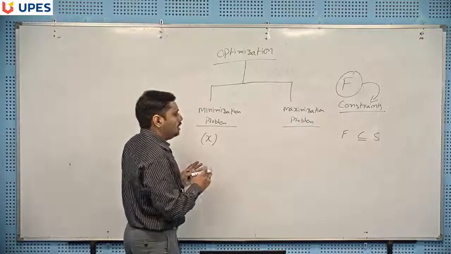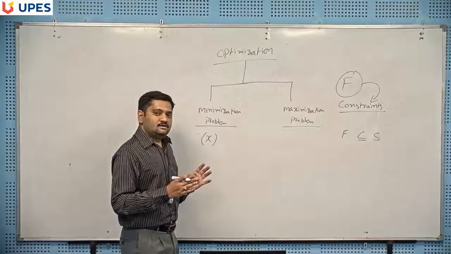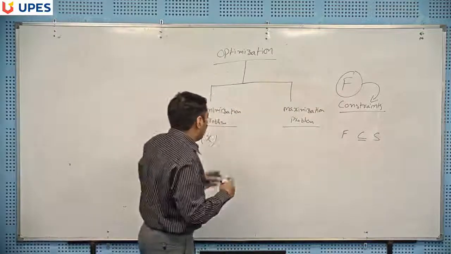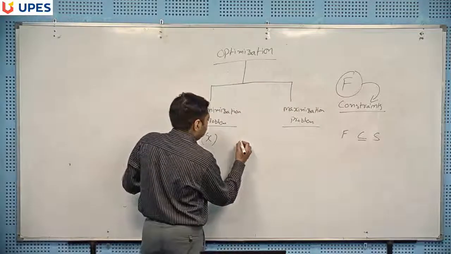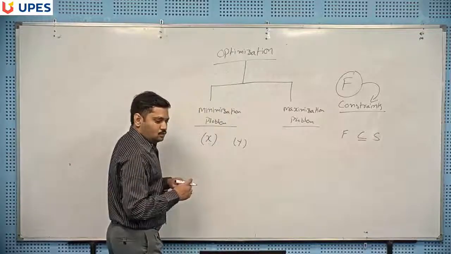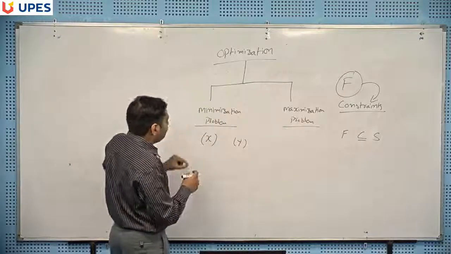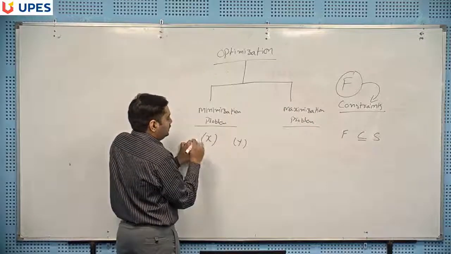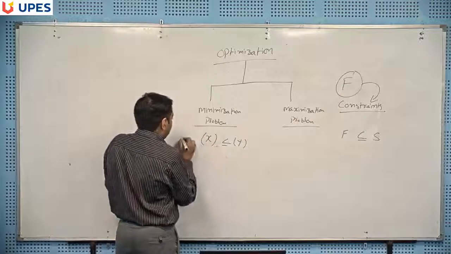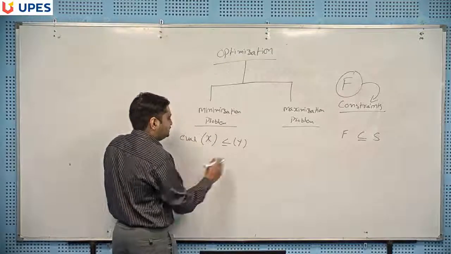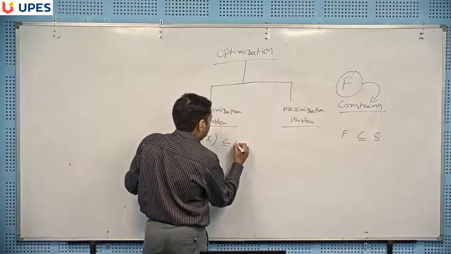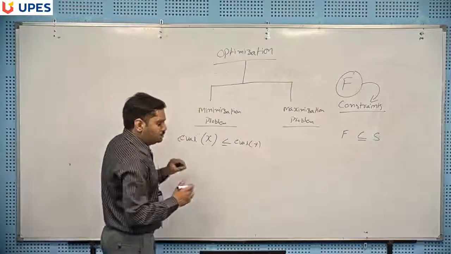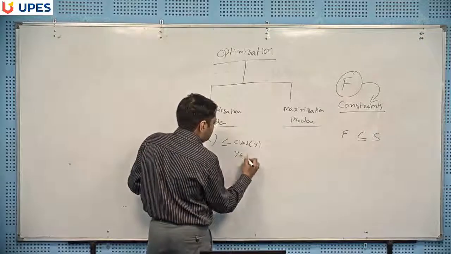Let us consider all other solutions available in F as y. Now you have to find this x such that, when you compare with all other solutions, it is minimized. That means evaluation of x is less than or equal to evaluation of y, where y belongs to F.